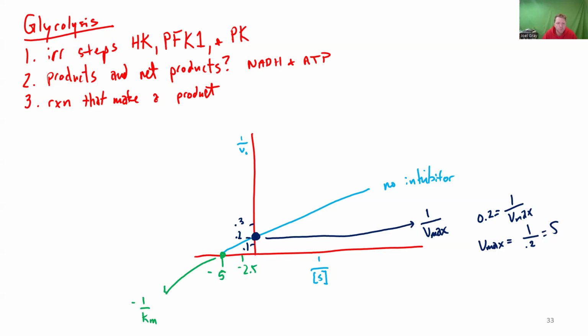And of course, whenever you write this out, you're going to be able to make something that's a little bit more clean and something that you can follow. I'm going to say that is equal to -5. So whenever I do my algebra and rearrange it, I can say, well, -1 over Km is equal to -5, or 1 over 5 is equal to Km, which is equal to 0.2.